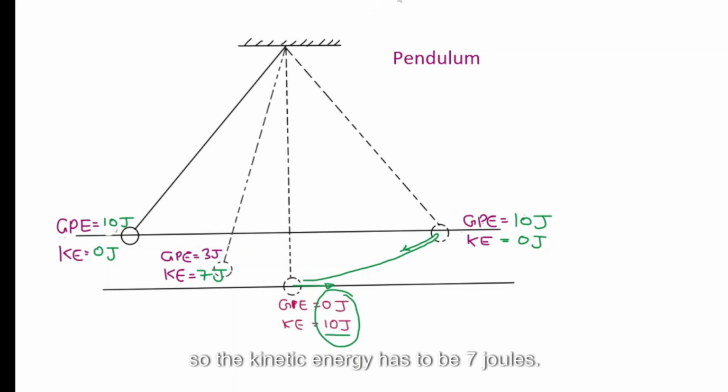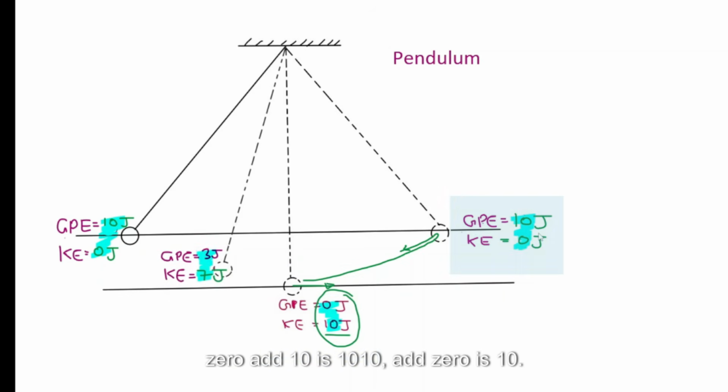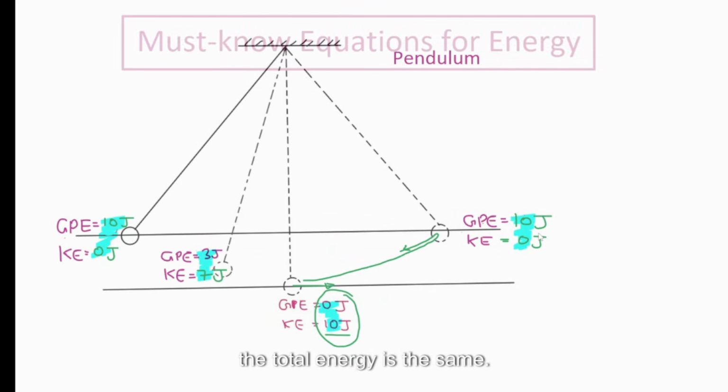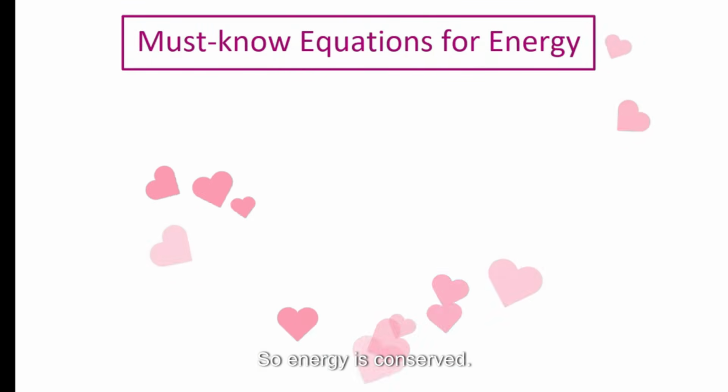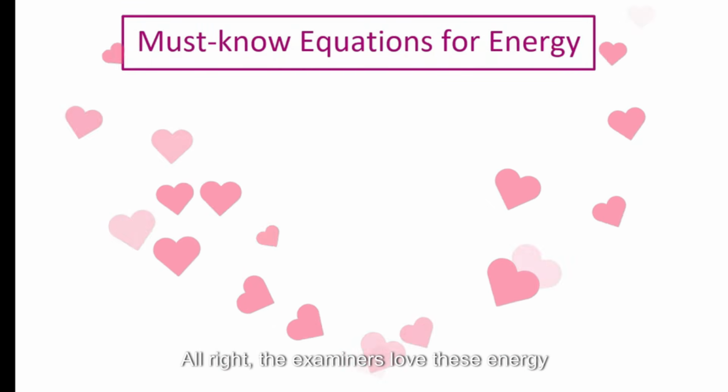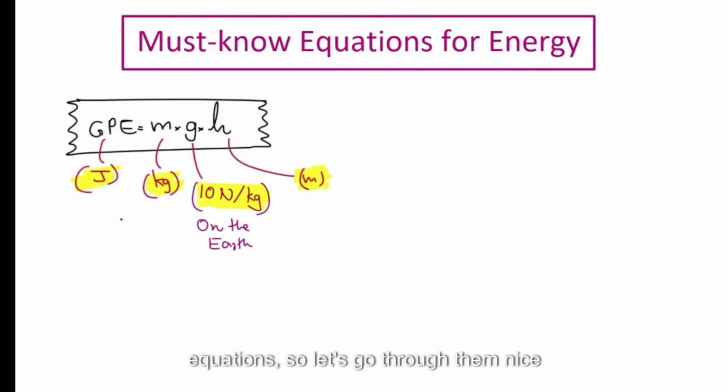So the kinetic energy has to be 7 joules. So the point is the total energy is always 10 in this example. 10 and 0 is 10, 3 add 7 is 10, 0 add 10 is 10, 10 add 0 is 10. So at any point in this particular example, the total energy is the same. So energy is conserved.